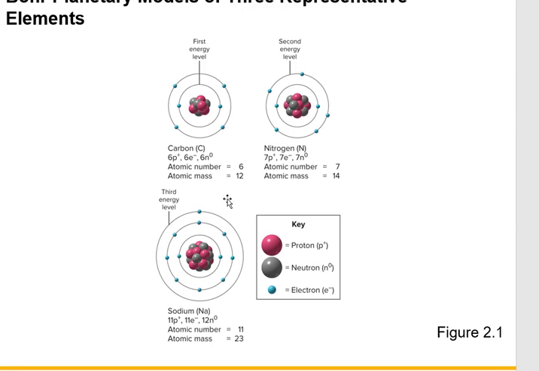Now, what's unfortunate about this particular picture and anything that you're going to find in a book is it's flat. And we know that spheres are not flat. So in your mind, I need you to take these electrons, and instead of having them go around and around in a circle in a flat plane, I need you to have them come out towards you and back behind the screen in all different directions, not just round and round in a flat circle.